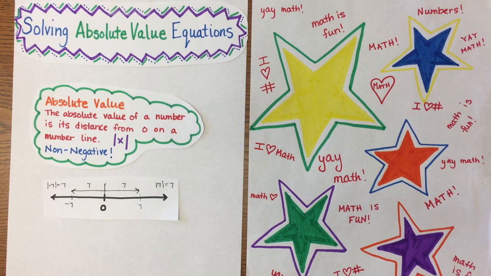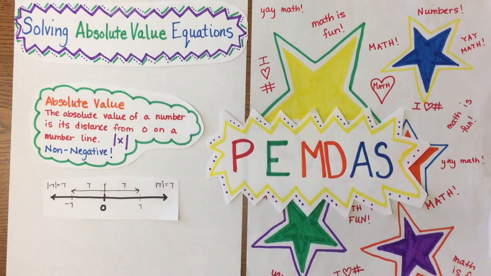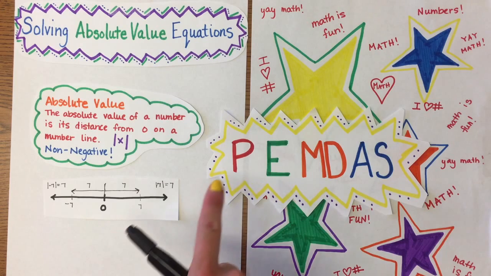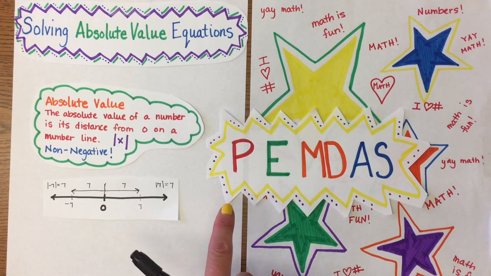So the absolute value of a positive number is a positive number, and the absolute value of a negative number is a positive number. Another thing to think about is how this operation fits into my order of operations, or PEMDAS. Absolute value is a special case of parentheses in which you may not distribute anything into or out of.